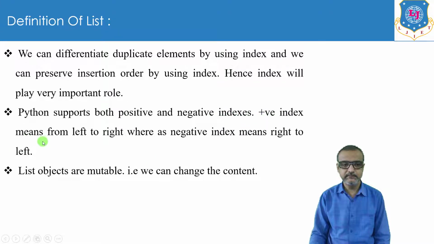Positive index means from left to right, whereas negative index means right to left. How index function will work, I will explain with the help of examples. List objects are mutable. So what is the meaning of mutability? It means we can change the content of list.